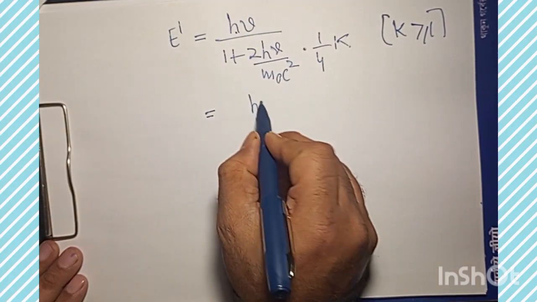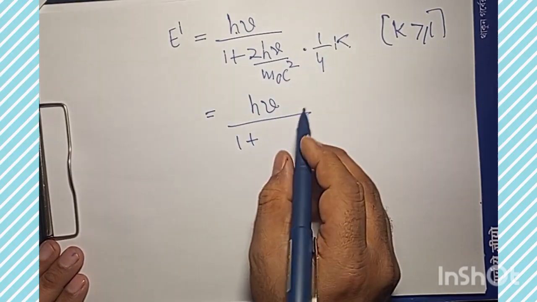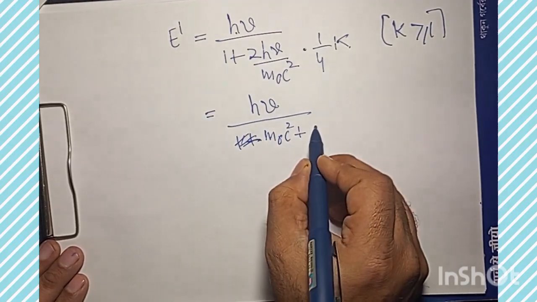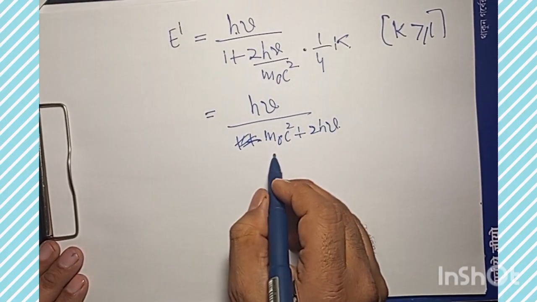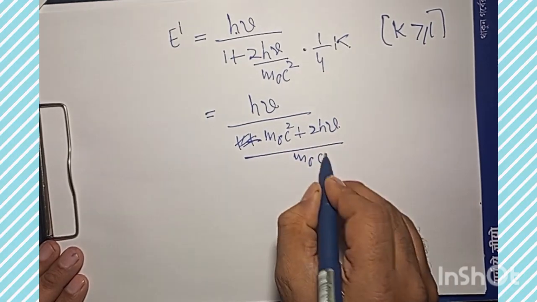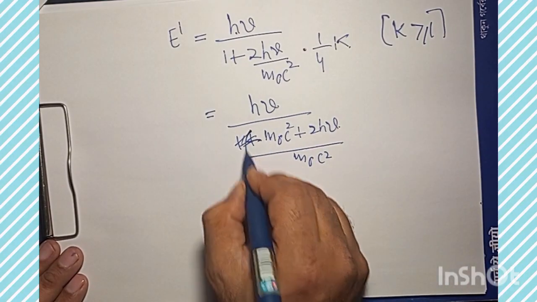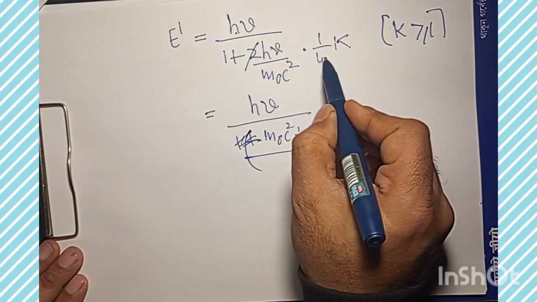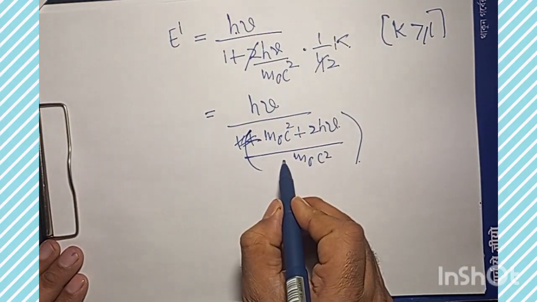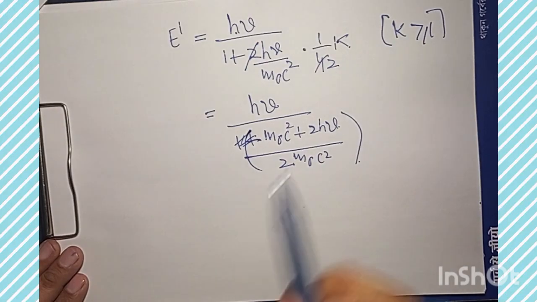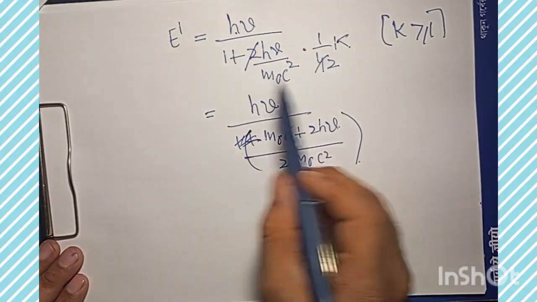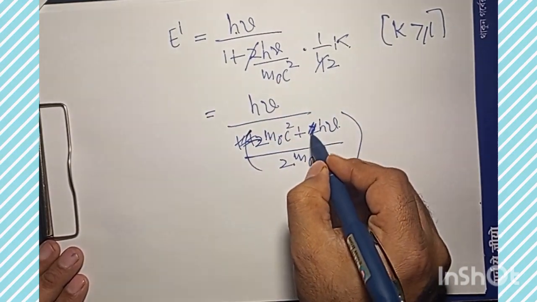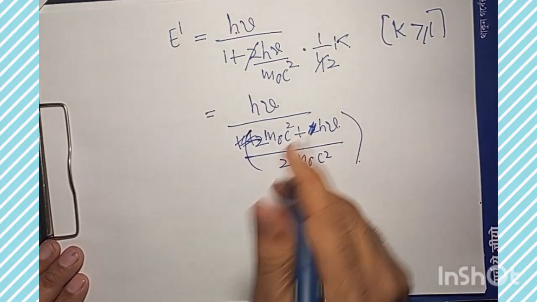Now if I write this as 1 plus twice h nu divided by m naught c square, with the 2s cancelling, this m naught c square can go up.